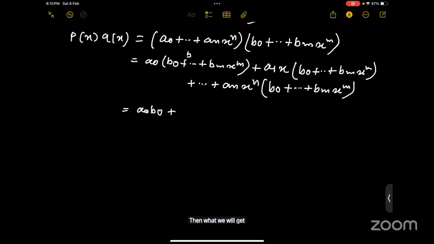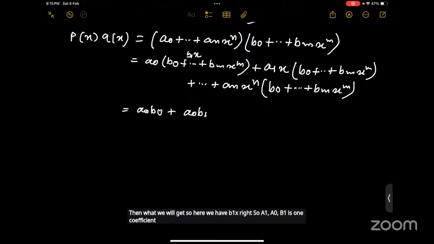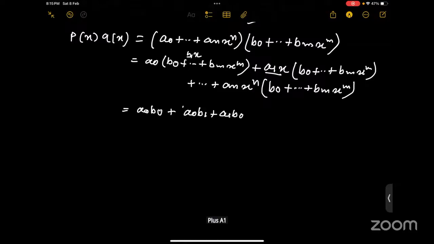Here we have b1 x, so a0 b1 is one coefficient of x. Another we can get from here, plus a1 b0. This is the coefficient of x. Is there any other coefficient of x? No, this is the only coefficient of x.